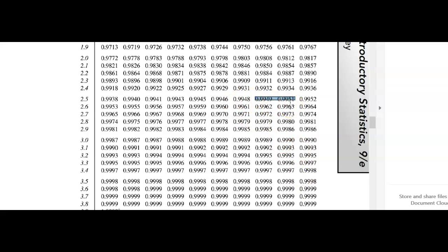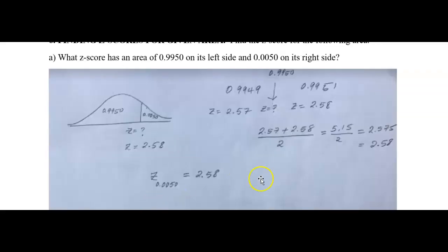The table doesn't have 0.9950. So what we will do, since 50 is exactly in the middle between these two, this is the logic, and make sure you replay me if you need to. Maybe I explain it in the document here. It jumps, right, from 9949 to 9951. Well, 9950 is exactly in the middle between these two.